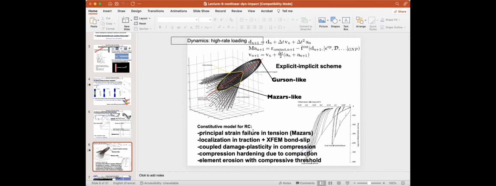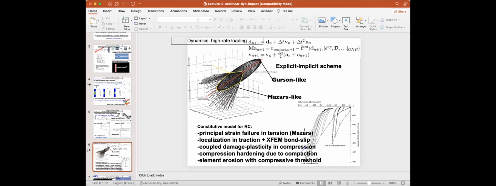Then you can put plasticity on top of it, coupled damage plasticity. And in the plasticity, you can take into account hardening, but here it's kind of funny, since you have impact. Normally hardening goes the other way, but here it goes stiffer and stiffer because you're compacting the concrete with impact. And then once you reach a certain threshold, you simply pulverize the element and make it disappear.